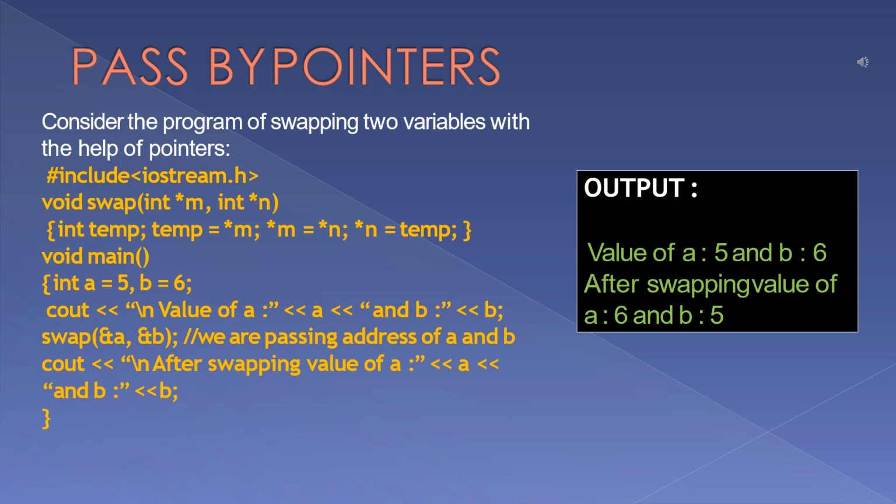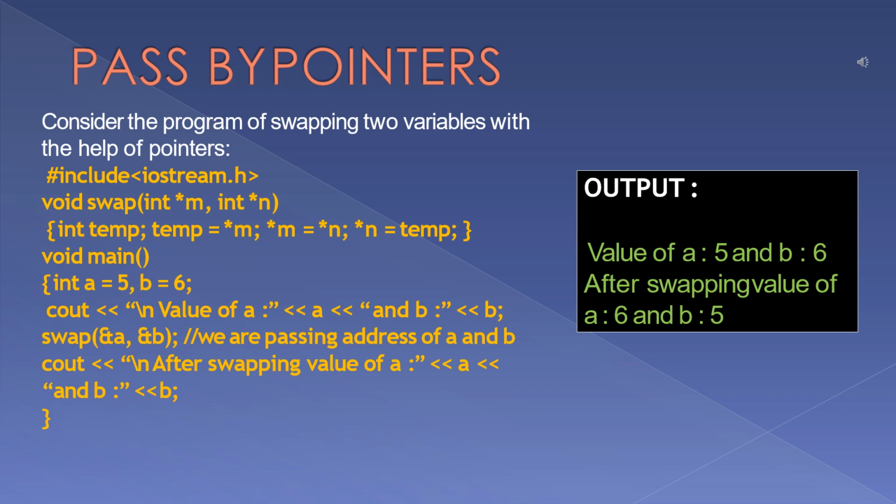Value at m is actually the memory location a, so b's value 6 is assigned to a. Value at n, that is b, equal to temp. Temp was 5, so b becomes 5. Now you get a and b as 6 and 5 respectively. So using pointers, if you swap, you get the values swapped.